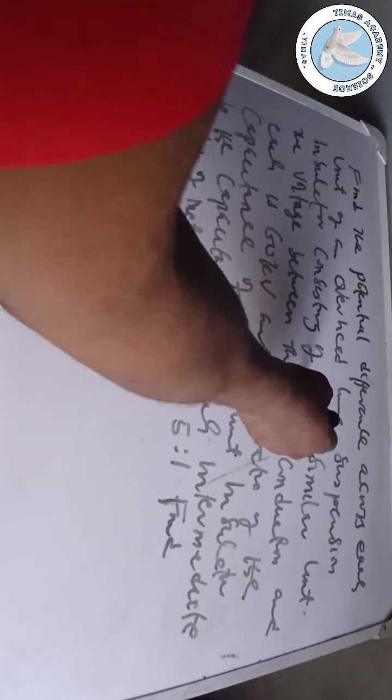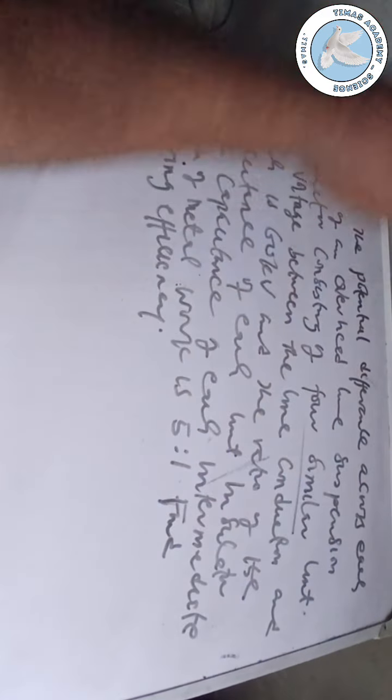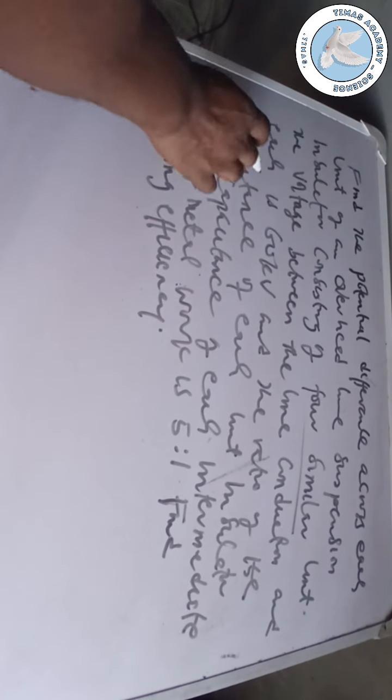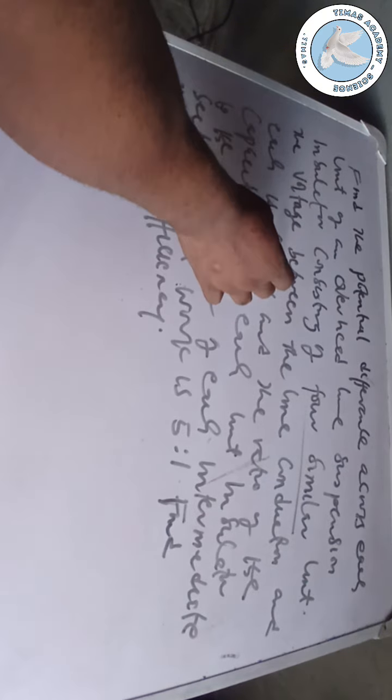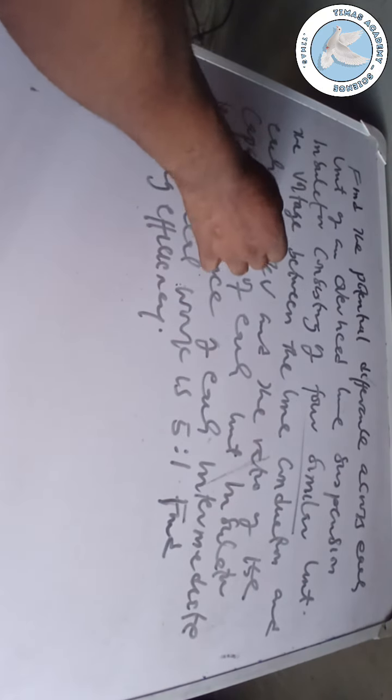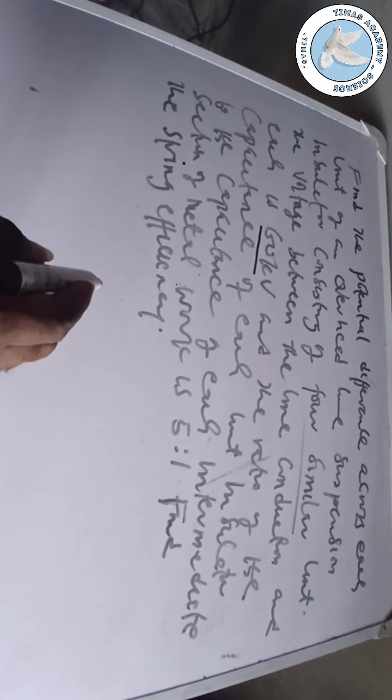consisting of 4 similar units. So we are dealing with 4, and we are also given that the voltage between the line conductor and earth is 60 kilovolt.